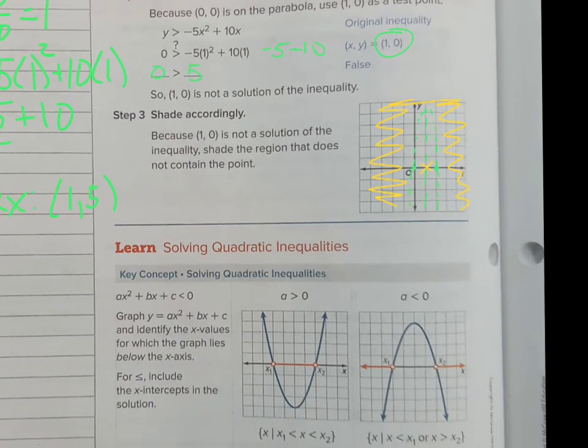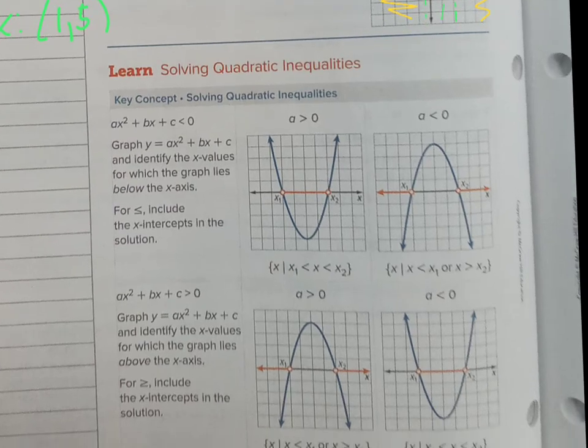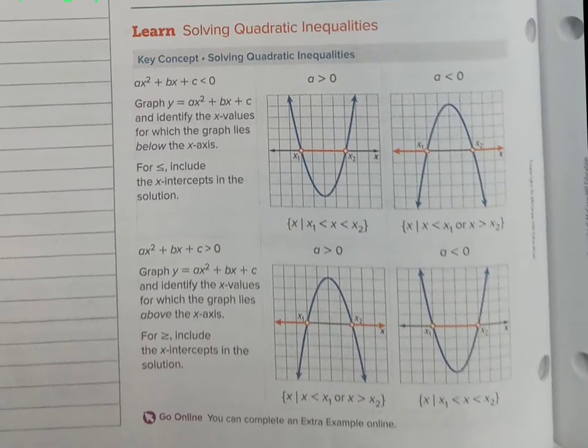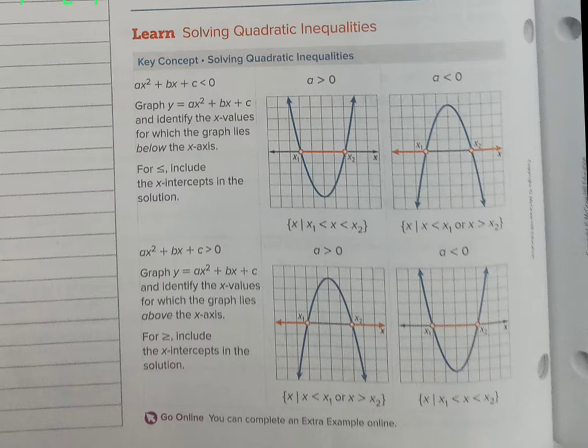All right, so let's look at how we can solve these things. Now, there's a lot going on with this part of the book, and they're saying all kinds of different things here. First they're saying, what happens when the quadratic inequality is less than 0?